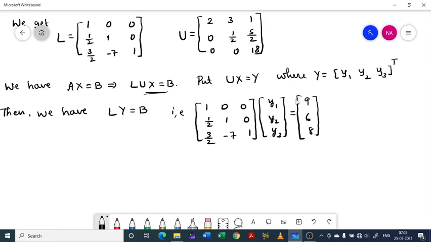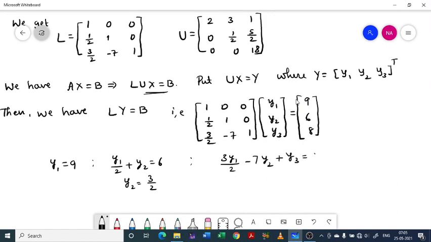Now multiplying this, you will get y1 equal to 9. Then y1 by 2 plus y2 equal to 6, and simplifying this you will get y2 equal to 3 by 2. Then 3y1 by 2 minus 7y2 plus y3 equal to 8.